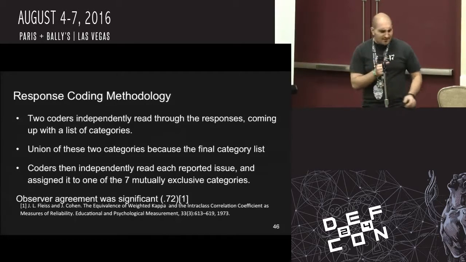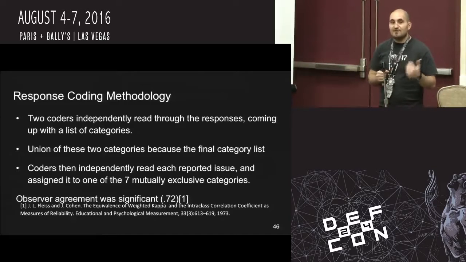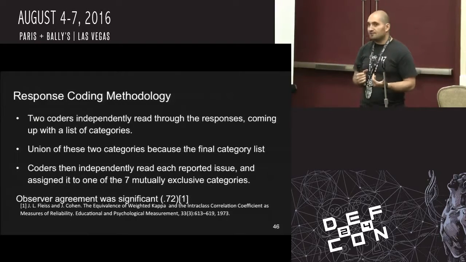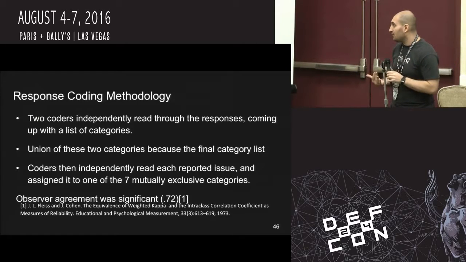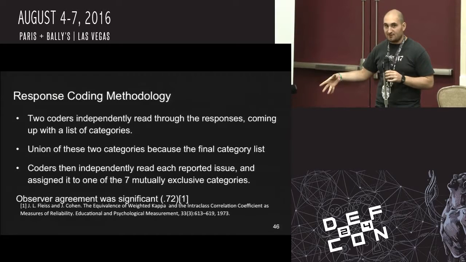And then this is the really interesting part, because how do you move from a list of complaints to something that you can work with? They have this thing in psychology they refer to as coding responses, but they're talking about coding them in the sense of coding them into categories. So what you do is you get two people to independently come up with a list of categories.